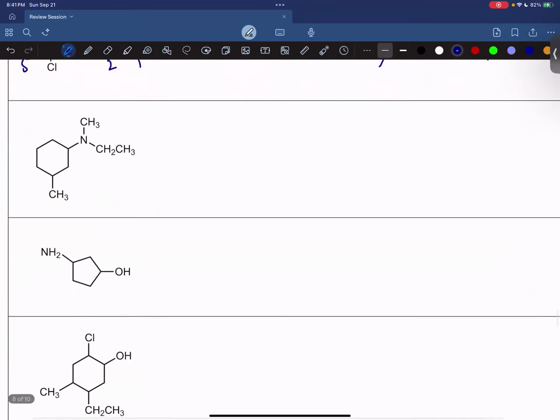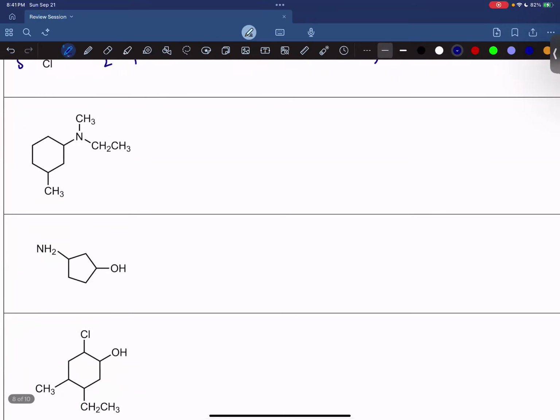So finally, we have a cyclohexane here, and we have another amine group. This time, it has 2 separate groups attached to it, which is a methyl group and an ethyl group. So obviously, it's a cyclohex group, and since it's an ethyl group here, it's going to go right in the front because alphabetically it's first.